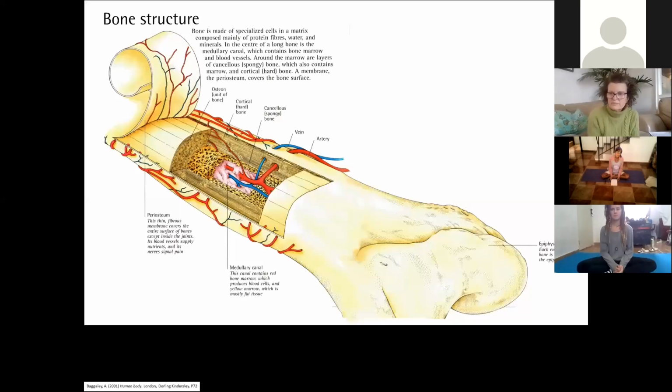And I wanted to show you a couple of pictures first, just to orient us into the territory. So this is a bone, a generic bone.